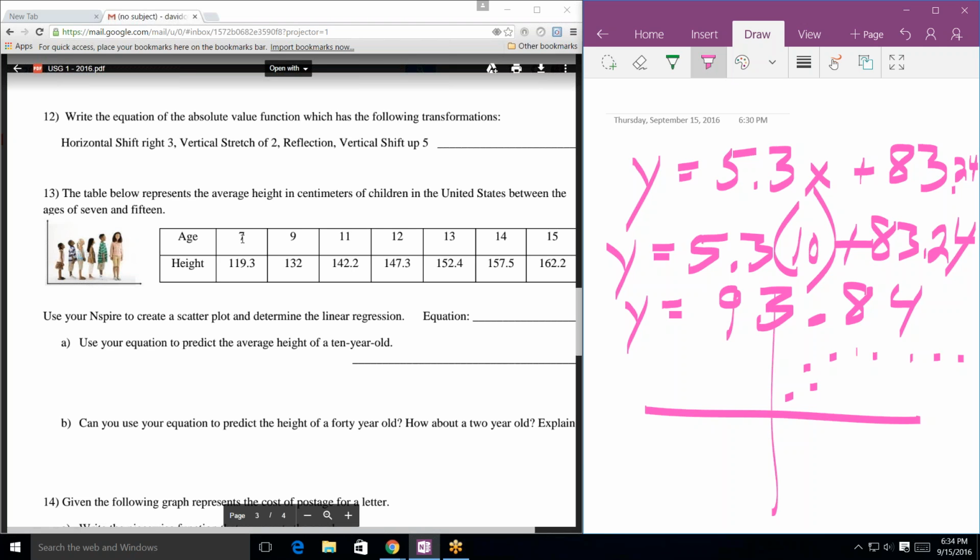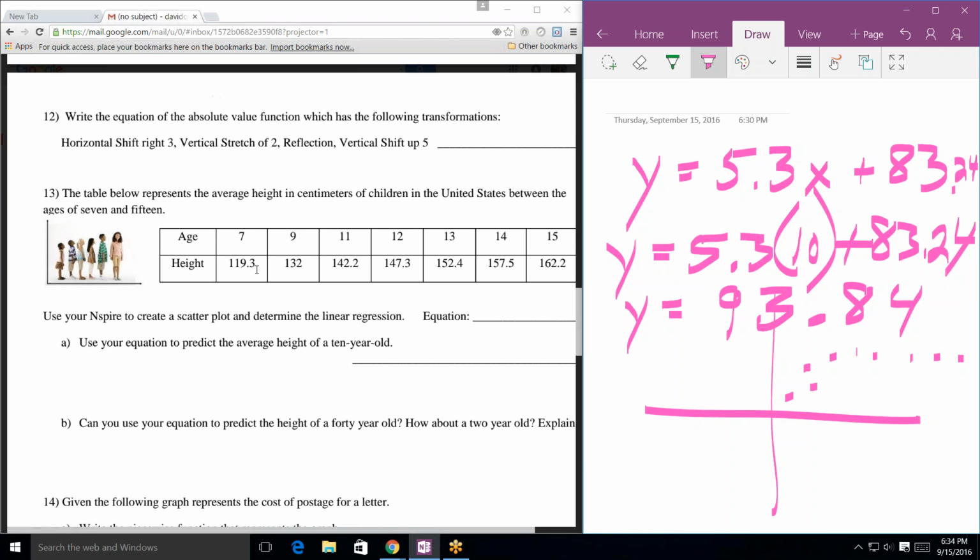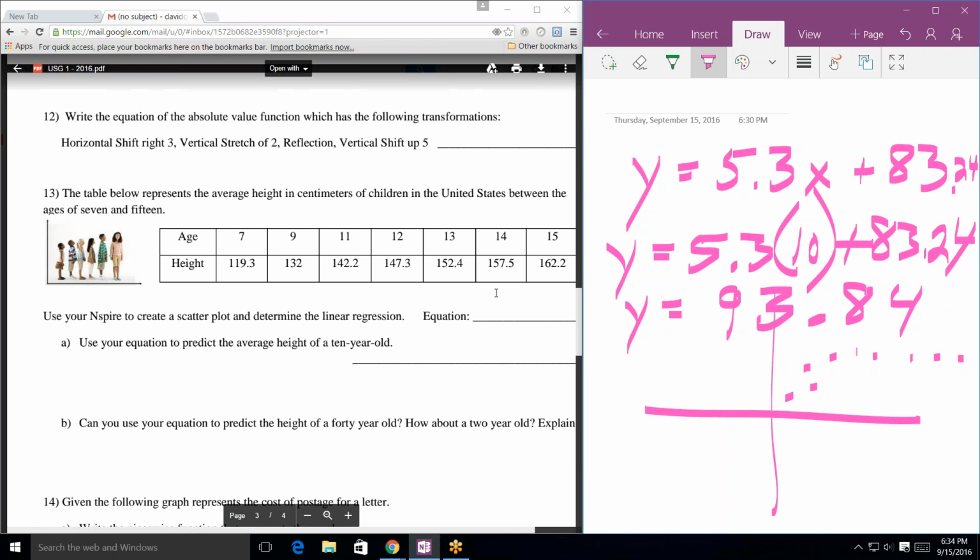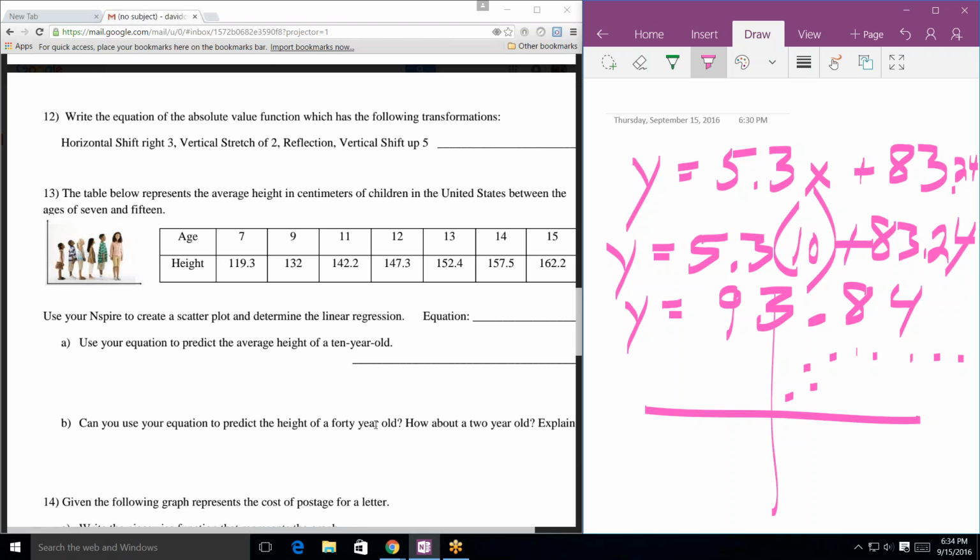In other words, I doubt that if a 7-year-old is 120, that a 2-year-old is 93. I think 2-year-olds are a lot shorter than 7-year-olds. They're not 80% of the height of a 7-year-old. You know what I'm saying? So you really cannot use this equation to predict either a 40-year-old or a 2-year-old.